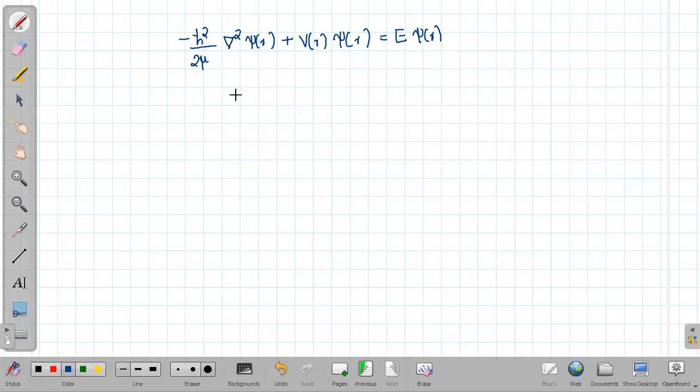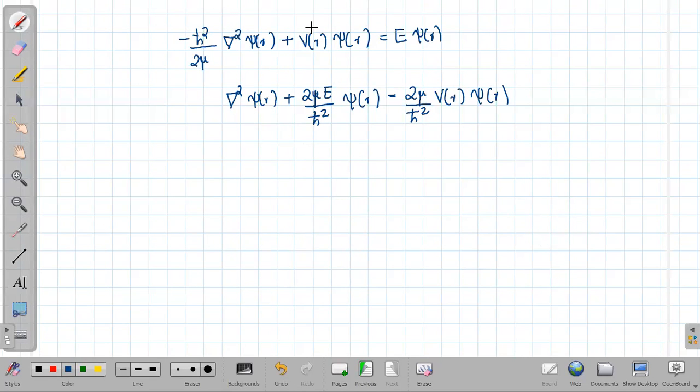Okay, now we can have some rearrangement. So this can be written as del square psi of r plus 2 mu E by h bar square psi of r equal to 2 mu by h bar square V of r psi of r. So I have just rearranged it. I have taken the V of r term to the right side and the energy term to the left side.